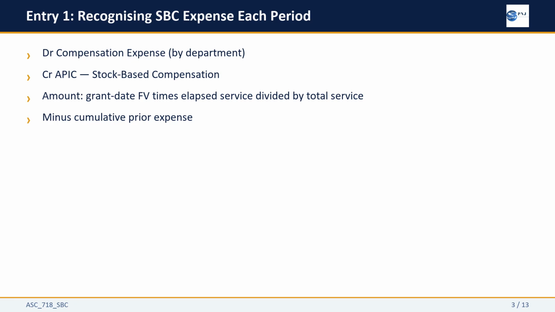The debit goes to the income statement line that matches where that employee's cash compensation would go: cost of goods sold for production staff, research and development for engineers, selling for sales, and general and administrative for corporate functions. No separate SBC expense line on the income statement unless the company specifically discloses it.